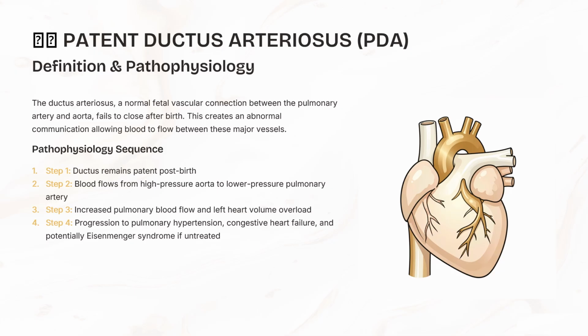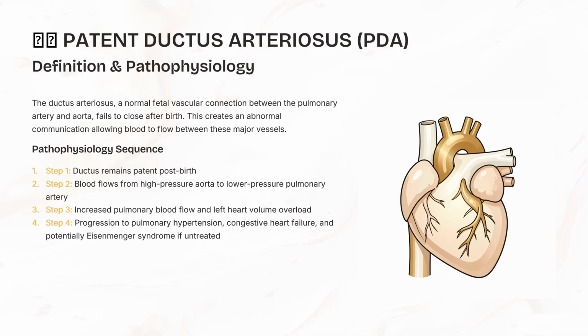So basically, compared to the pulmonary artery, the aorta has higher pressure, right? The aorta carries the oxygenated blood. So because of the opening between the two, oxygenated blood is moving from the aorta to the pulmonary artery. Once it reaches the pulmonary artery, what will happen?